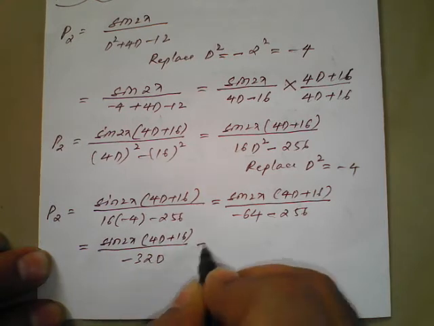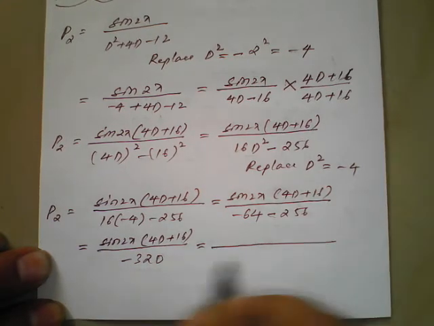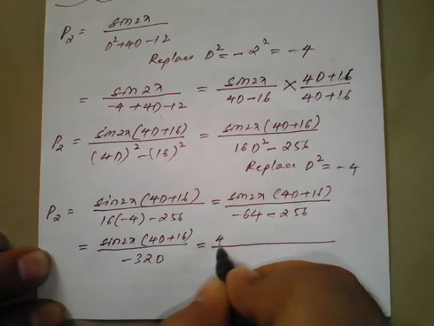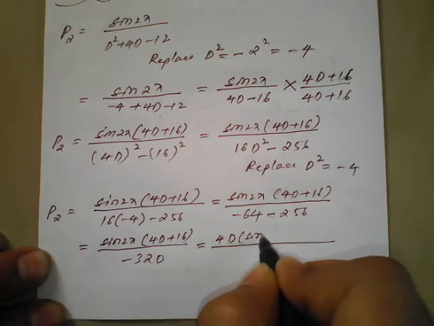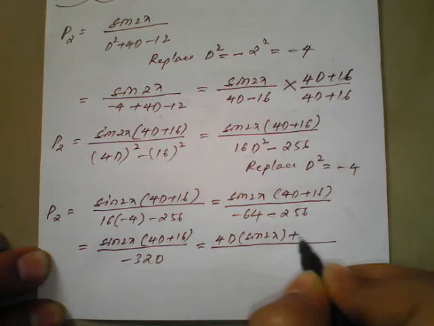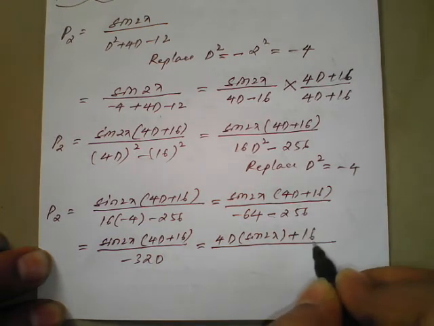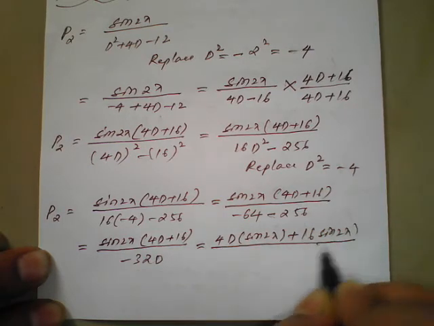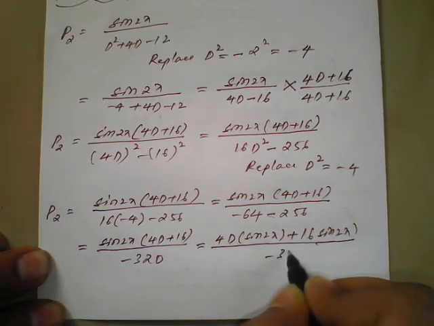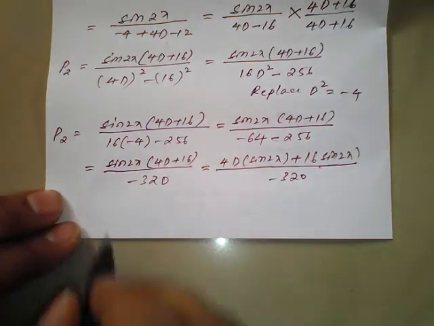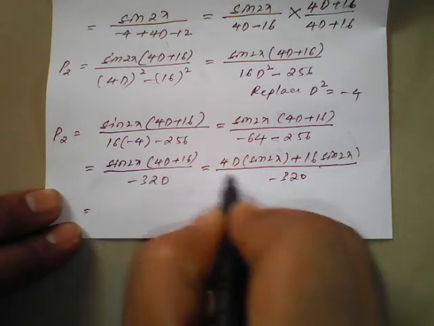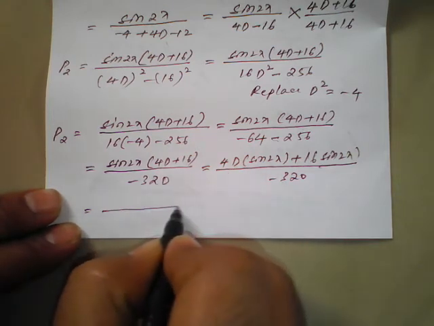So now the denominator is simplified completely, we have to think about the numerator. So open the bracket, sine 2x into 4d can be written as 4d of sine of 2x plus 16 times sine of 2x divided by minus 320. So this you write as it is, 4 as it is.